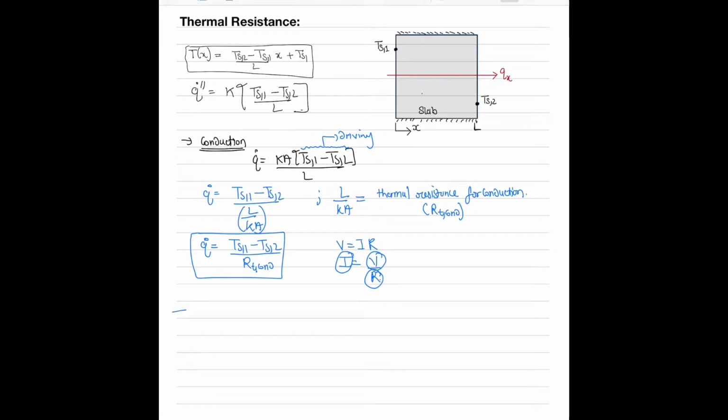Now let's talk about convection. In my introductory lecture, I have mentioned that from Newton's law of cooling, we can write heat as H area T surface minus T infinity, where H is a heat transfer coefficient.